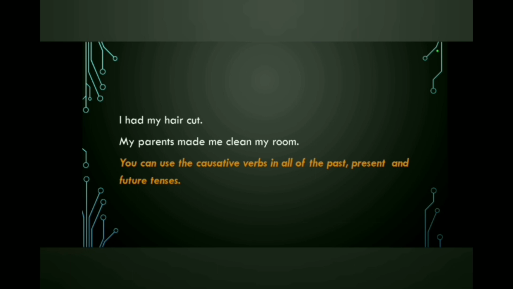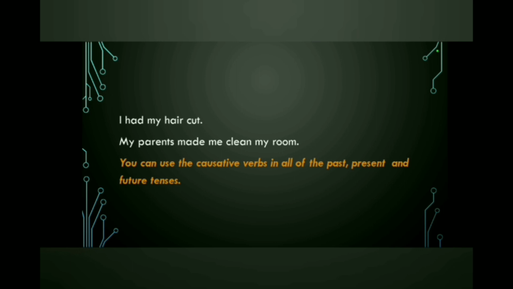Let's have some examples. I had my hair cut. When I go to the hairdressers, I have my hair cut. In some languages, it would be normal to say, I cut my hair, and you can say this in English. But to be extra clear that you didn't cut it yourself, I had my hair cut.